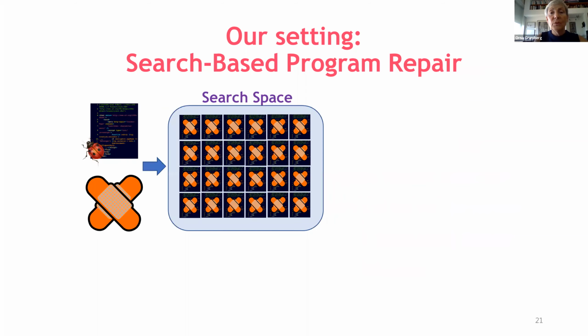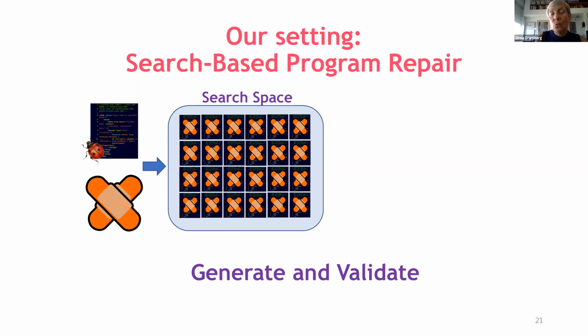Our setting again is search-based program repair. We are given a buggy program and we are given a set of optional patches. And from this we get a search space which consists of all possible patches in all locations and all allowed changes.